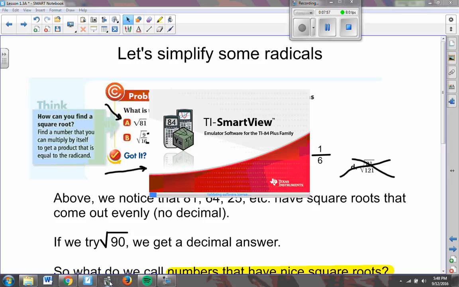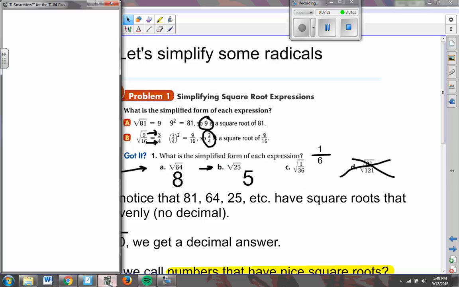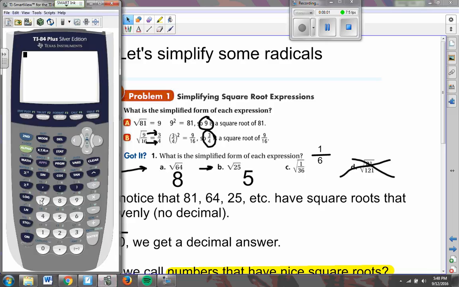Also, if you don't know how to do the square root on a calculator, pay close attention to what I do right here. You'll notice that on my calculator right here, I have an x squared button. Okay, this is an x squared button. And up above there in little blue writing, I don't know if you can see it here, but there is a radical symbol, a square root symbol. So to get to the blue stuff, I have to hit the blue button here.